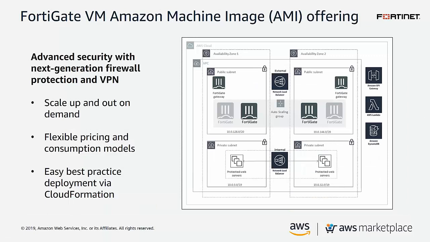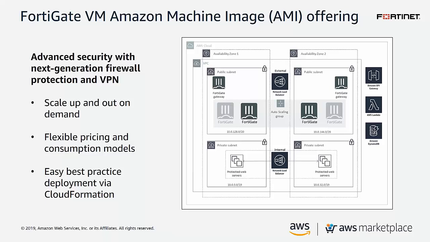Now they also have an AMI-based version. We talked a little bit about the AWS WAF, which is an AWS service that is built and operated by AWS, but quite often you want to mirror things that you've got on premises, or maybe you want some extra functionality that the AWS WAF isn't providing. So in this case, we've got a machine image, or an AMI, which essentially allows you to deploy Fortinet into your environment.